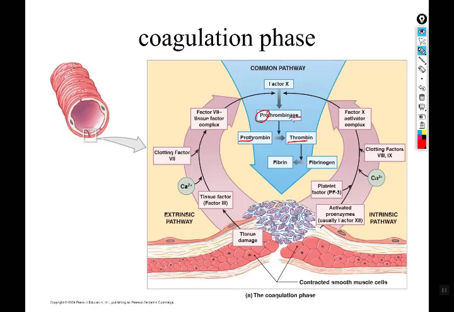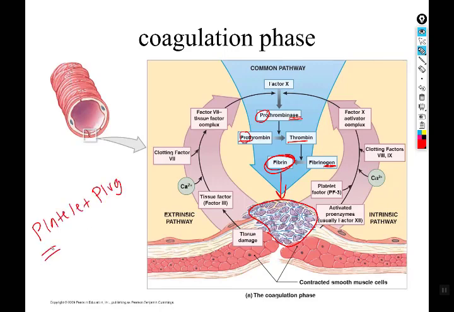So this is an enzyme, and it's going to convert prothrombin into thrombin. Thrombin is going to convert fibrinogen, which is soluble in plasma, into fibrin, which is not. So the fibrin precipitates out and gets stuck on the platelets, and that's what ends up fully coagulating the clot.